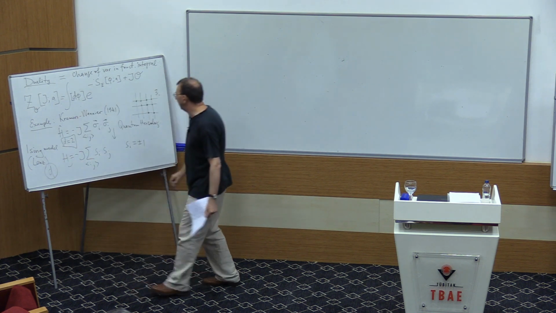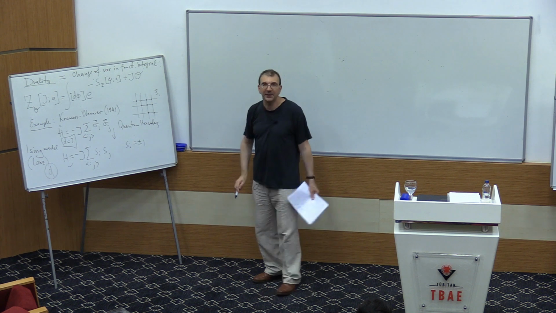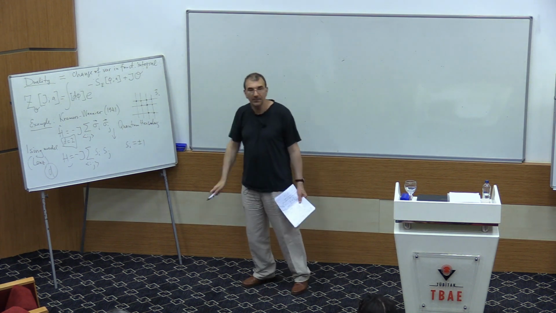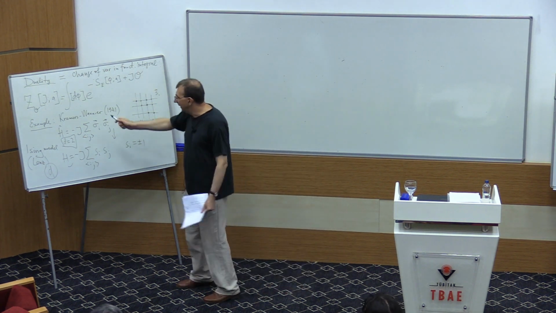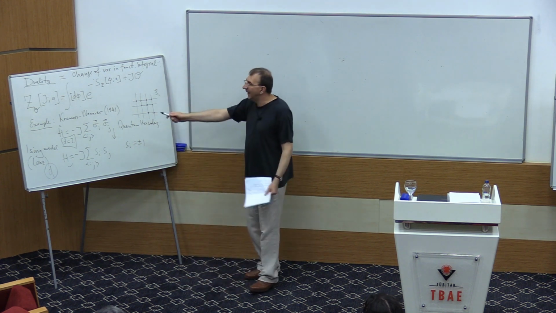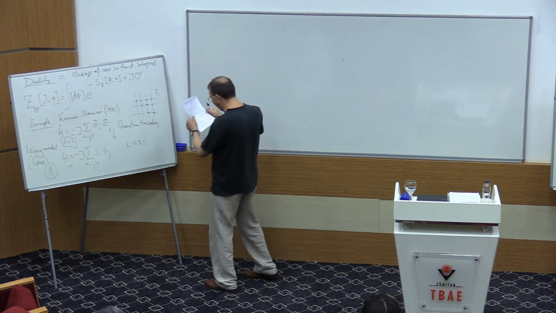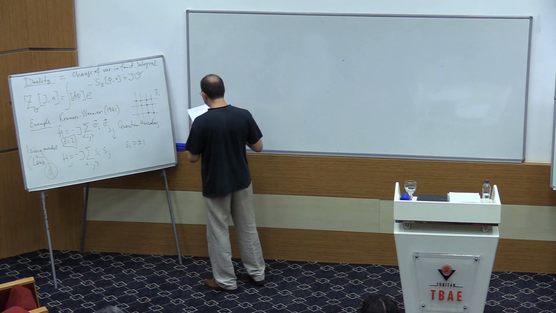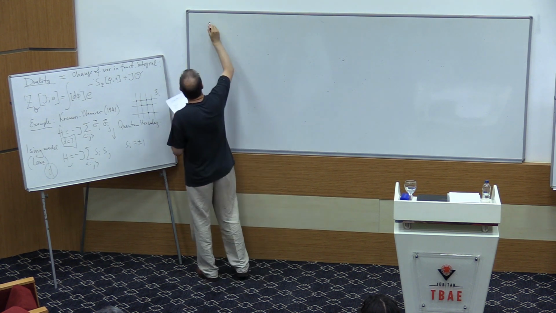What is important for us is that in 1941, three years before Onsager solved the model, Kramers and Wannier managed to rewrite this Hamiltonian, or rather the partition function. So we are interested in writing down the partition function. Let me just write it.